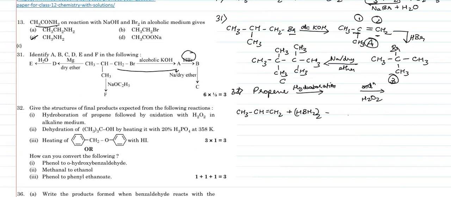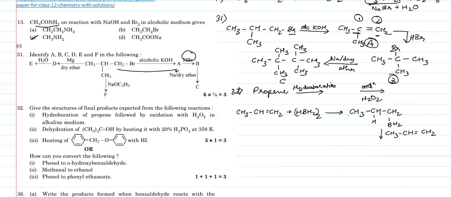to give us CH3, CH, CH2, BH2, and this further undergoes a chemical reaction with CH3, CH, double bond CH2. Actually, let's do it the other way around.